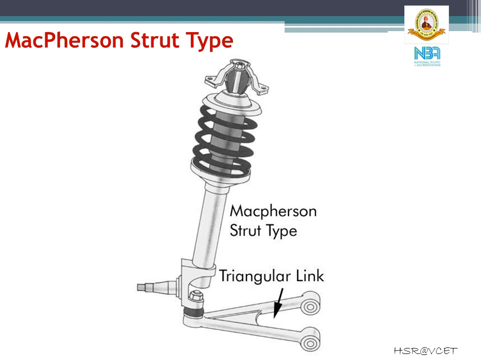The second type of independent suspension system is McPherson strut type of suspension. The figure on the slide shows you the layout of McPherson strut type of suspension. A strut containing shock absorber and the spring carries also the stub axle on which the wheel is mounted.